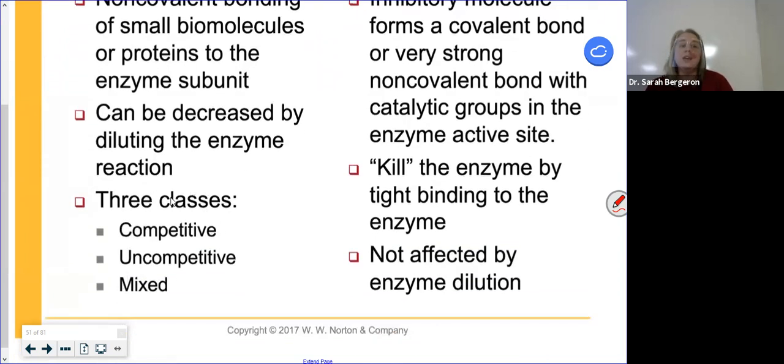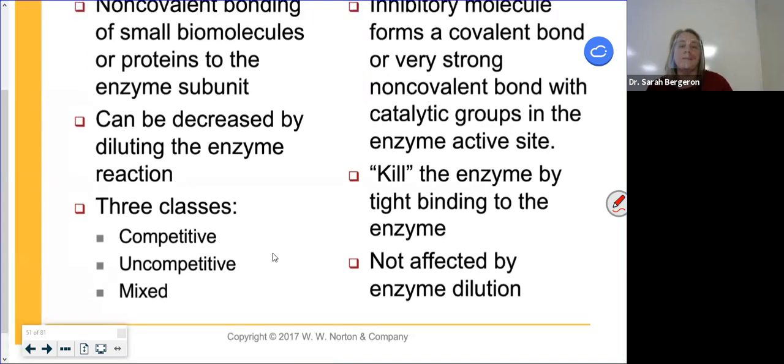And so there are three classes of inhibitors within this reversible category. They can be competitive, which means they compete for the normal substrate site. It can be uncompetitive, where it binds, but it doesn't compete. And then you can have some weird mixed things going on, which is kind of interesting.